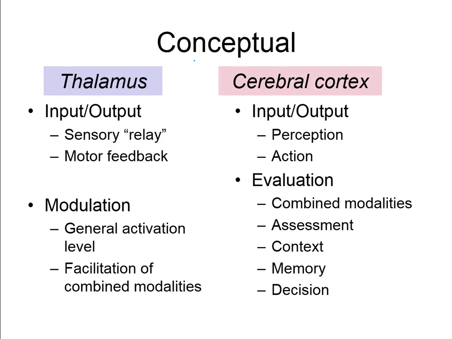And then once we have that, we don't just have a simple reaction. We make decisions. We will assess. We will value. We will figure out the context. Does the context in which you see something make a difference? Yes. What is the context you're in? What's your memory? What is the prior context that you've seen this in?